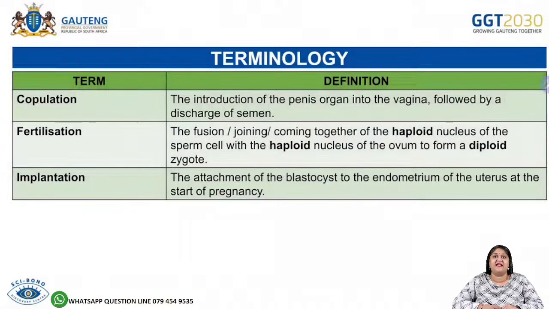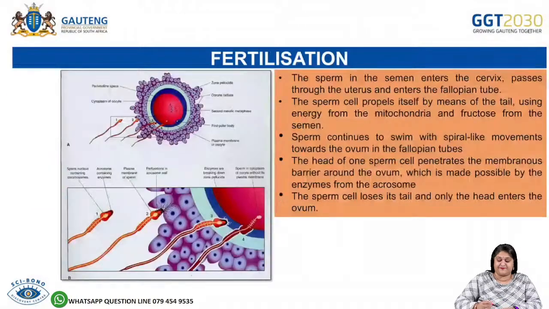Do you remember what oogenesis is? It's the formation of ova. Yes. And then we have implantation. Lastly, it's the attachment of the blastocyst to the endometrium of the uterus at the start of pregnancy. We are going to be looking at these last two terms especially in more detail.